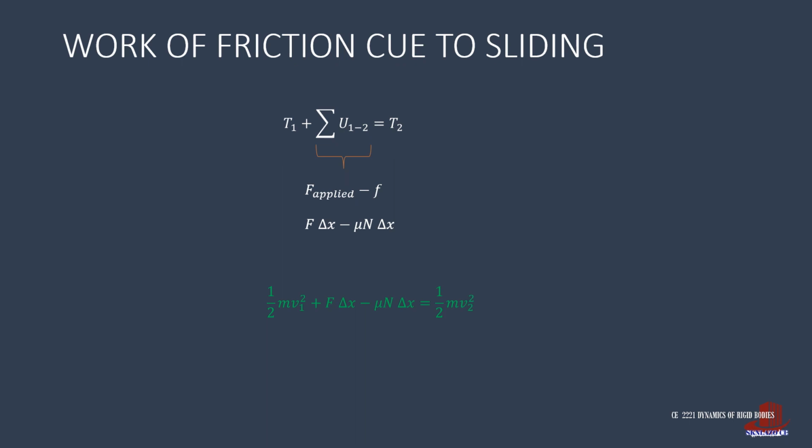The work-energy equation can then be rewritten as half of m v1 squared plus force times the change in x minus mu times the normal force times the change in x equal to half of m v2 squared.